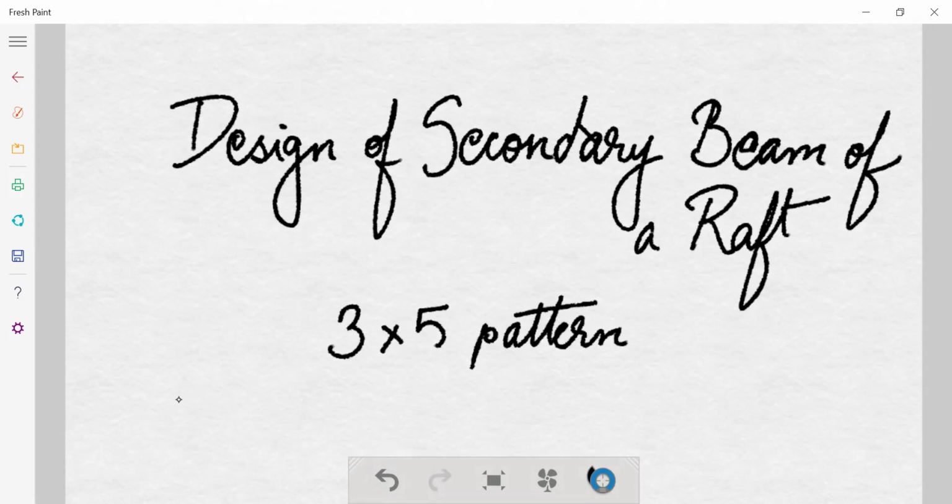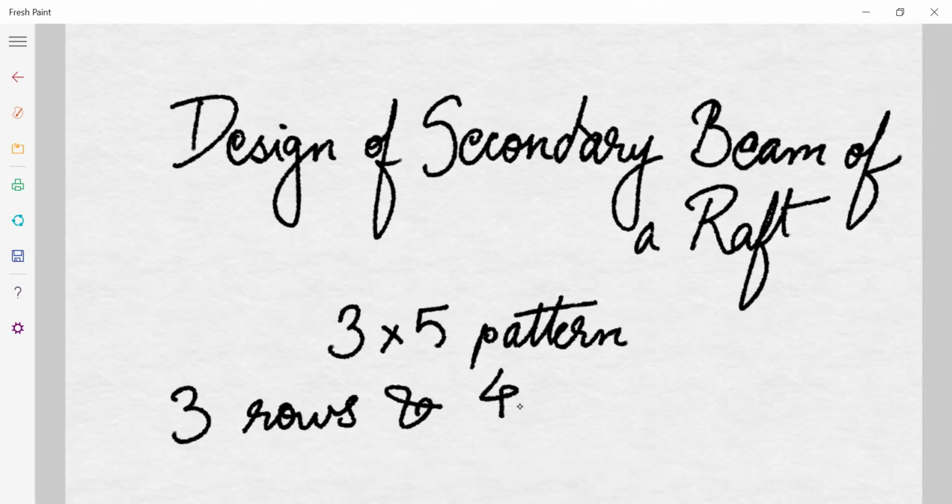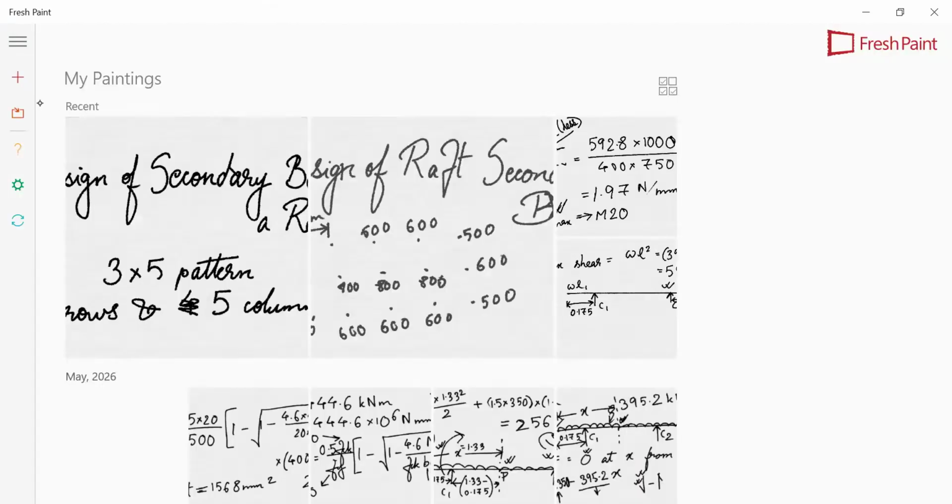There are actually 3 rows and 5 columns. So let us see the configuration, how will it look like.